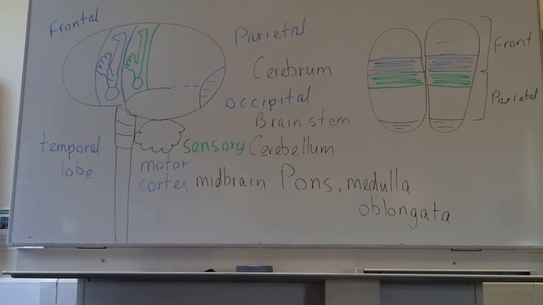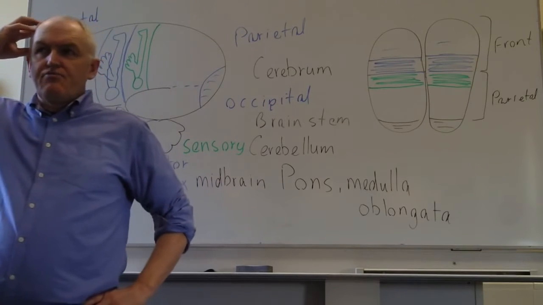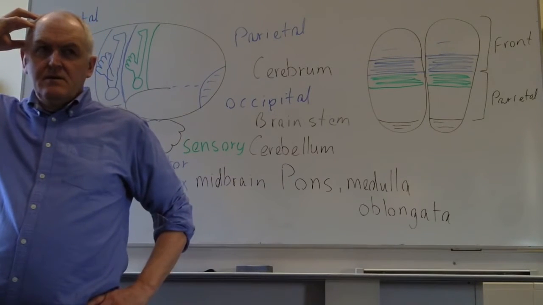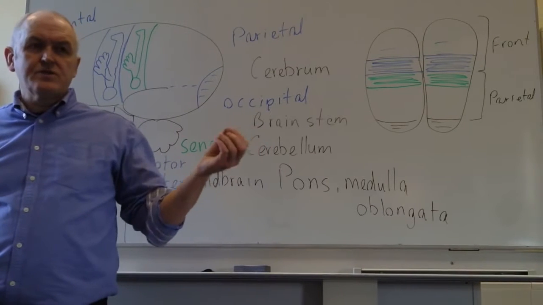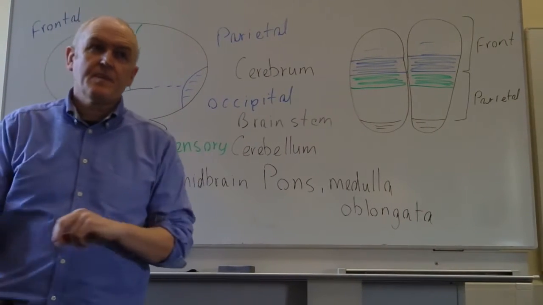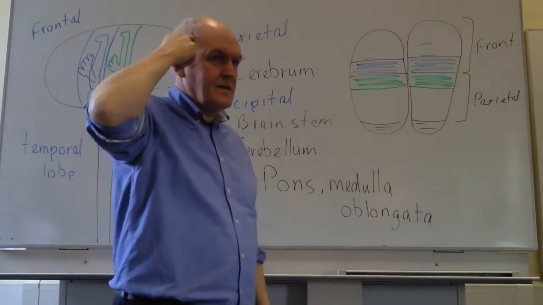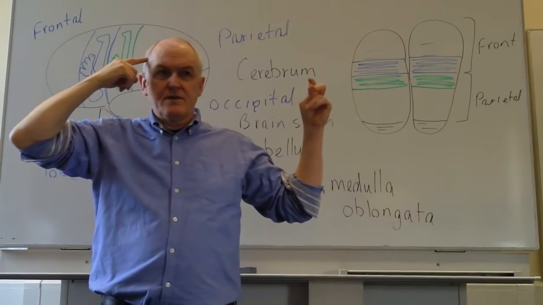And the really weird thing is, it is the right side of the cerebrum that controls and senses the left side of the body. So your right motor cortex moves the left side of your body.